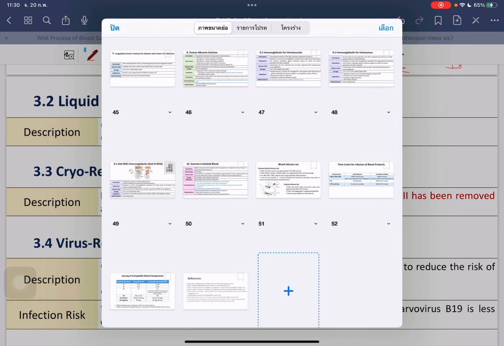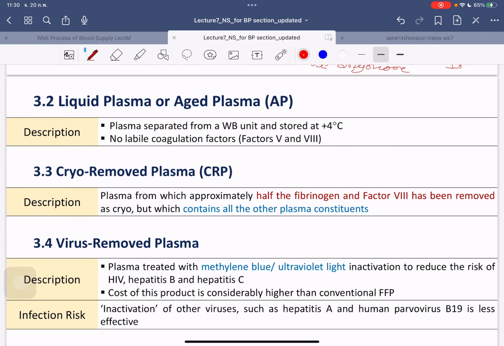It means that labile coagulation factors will disappear, and you don't have factor 5 and factor 8 anymore. The next one is cryo-removed plasma. You know FFP, right? And you know cryoprecipitation. Cryo-removed plasma is FFP minus cryoprecipitation. That is the meaning of cryo-removed plasma.